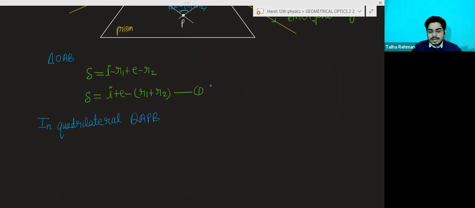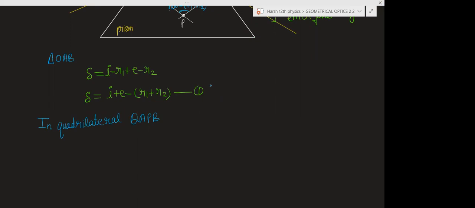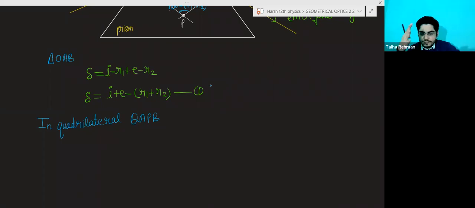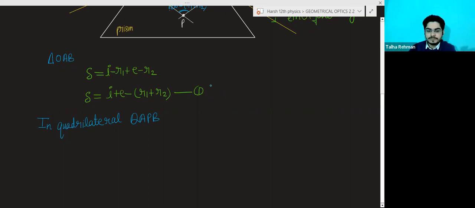Triangle means a figure having three sides. In quadrilateral there are four sides, like square, rectangle, parallelogram, rhombus. These all have four sides, so that is why these are known as quadrilaterals. Quad means four, tri means three.